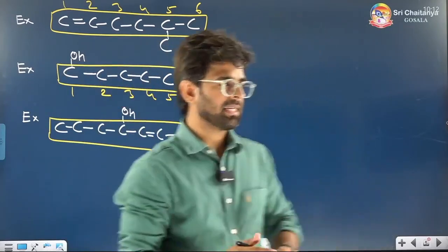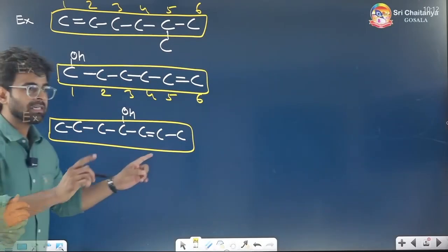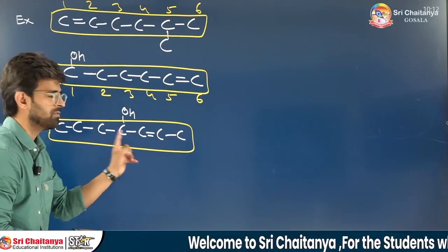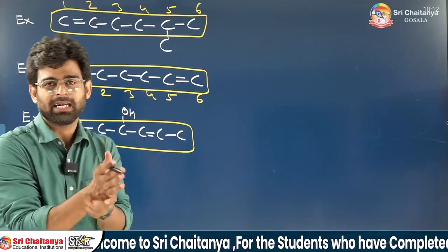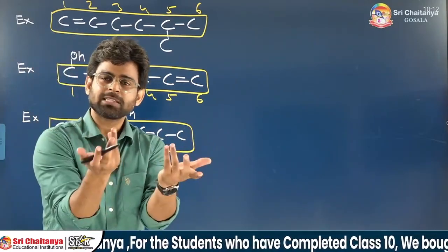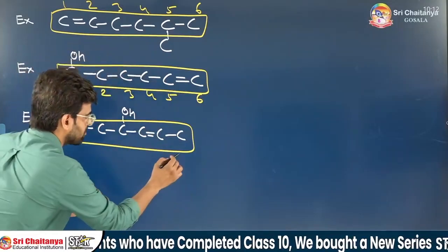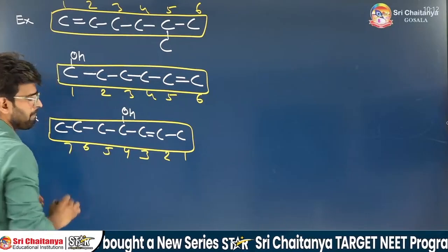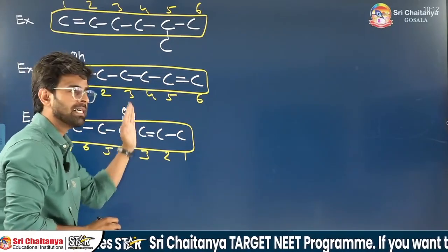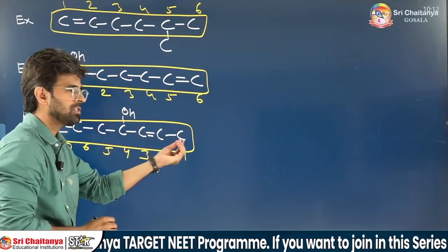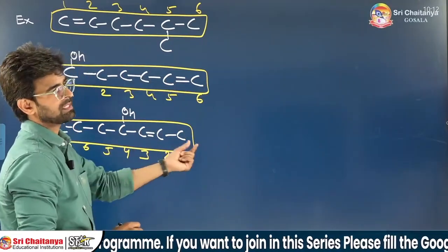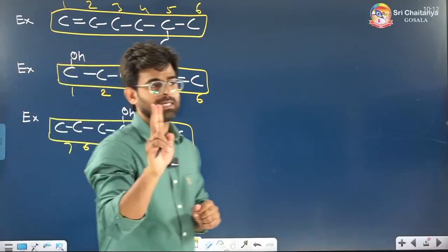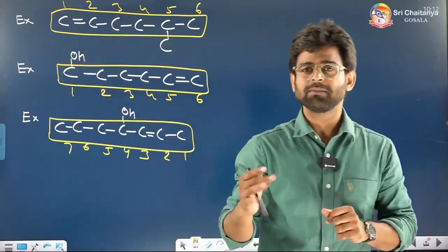See carefully. 1, 2, 3, 4. 1, 2, 3, 4. The function group is present in the middle. So you start from any end, the function group is the same. So definitely I will go from here because I have the benefit of pi bond. If the function group is present in the middle, then you look for pi bond. Pi bond is on the right side. I hope we are clear about these two rules. These two rules are very important for us. Remaining we'll see step by step.